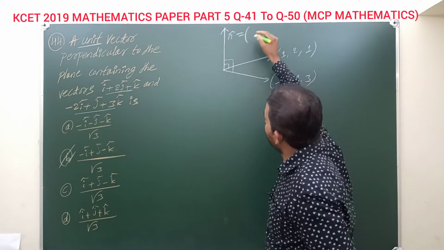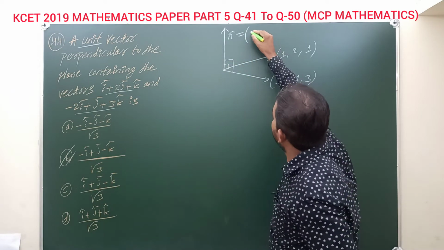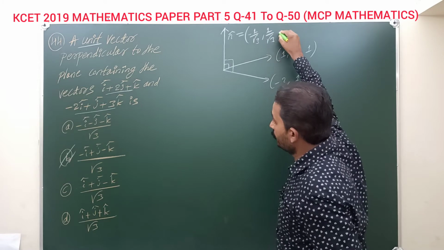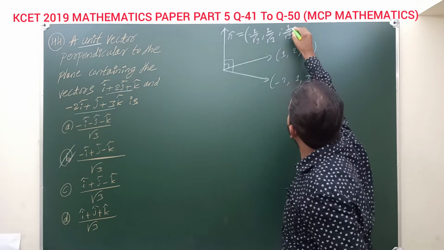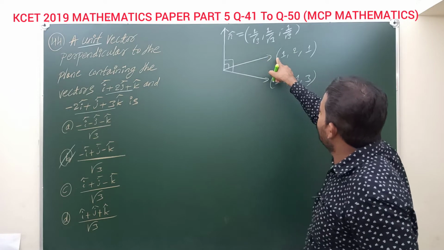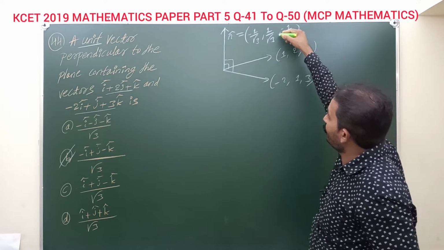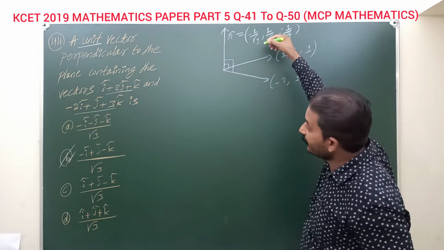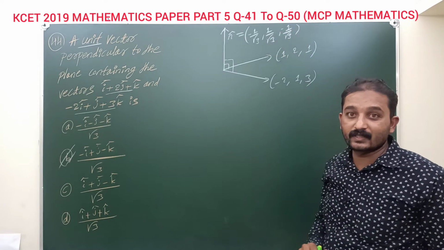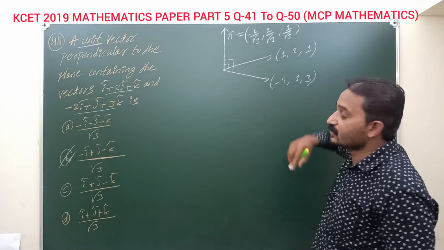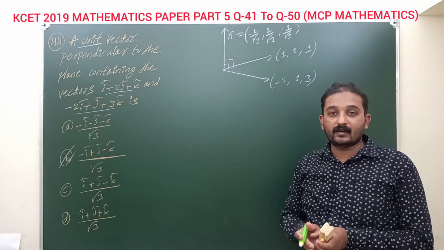So here option B is nothing but 1 minus 1 by root 3, 1 by root 3 minus 1 by root 3. So minus 1 by root 3, 1 equals what? The dot product becomes 0 in this case, because perpendicular means the dot product is the sum of the products of the scalar components.